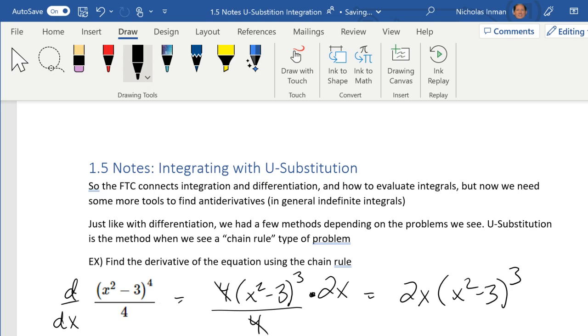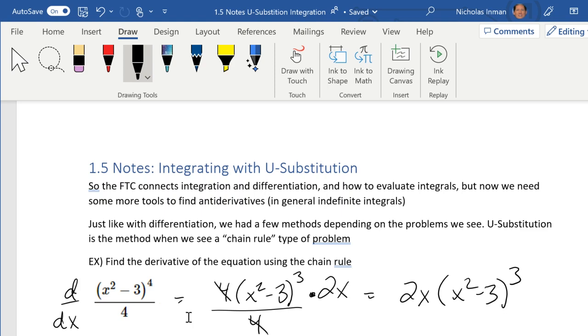All right, so one thing we have as we move forward is that now we're trying to figure out how to integrate something that looks like this. Our goal now is to be able to go from this back to this thing. And I don't know about you, but I don't see how those two connect just by looking at them.